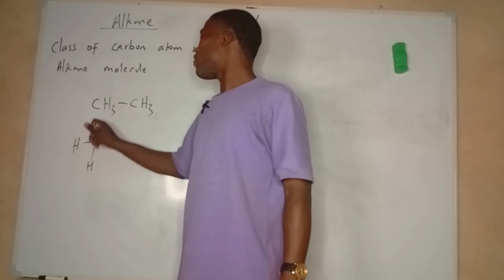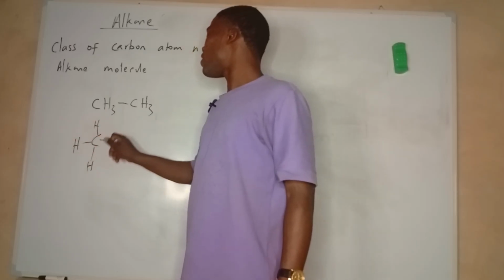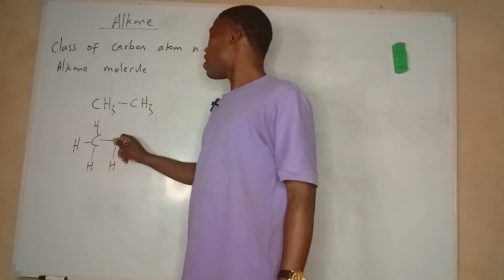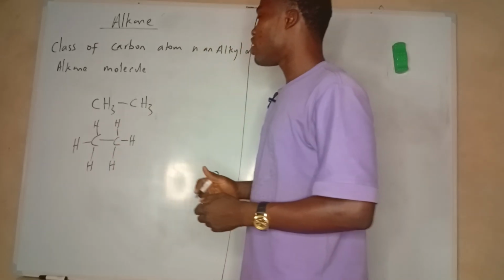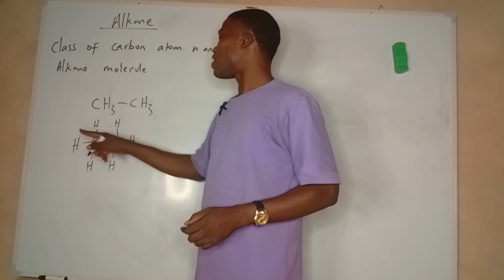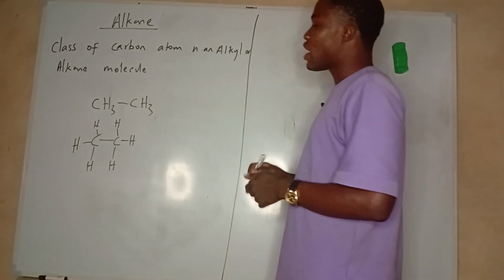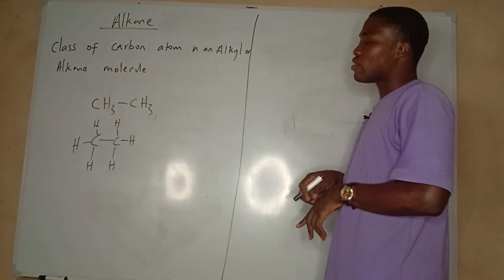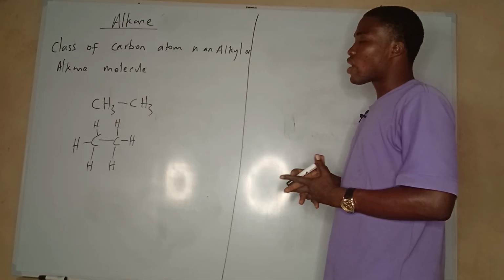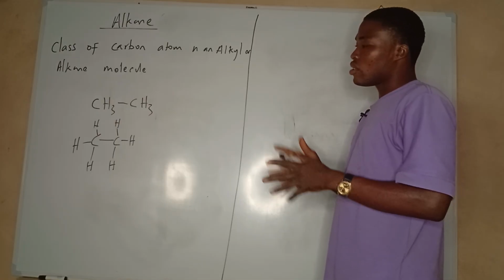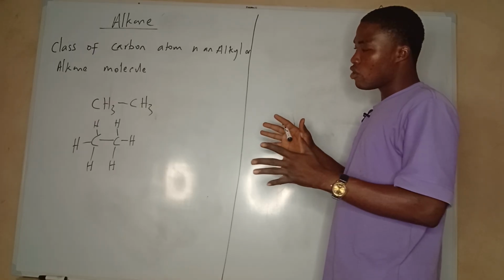I should have H up, and H on the sides, H, H, and H. So this is the alkane structural formula being opened up.